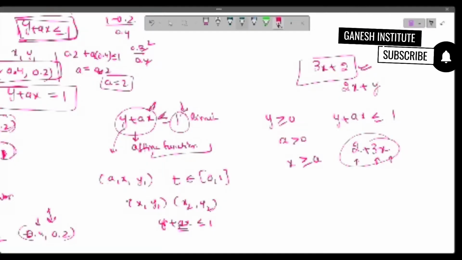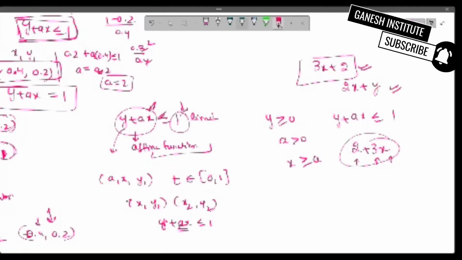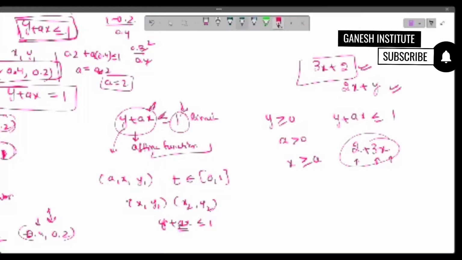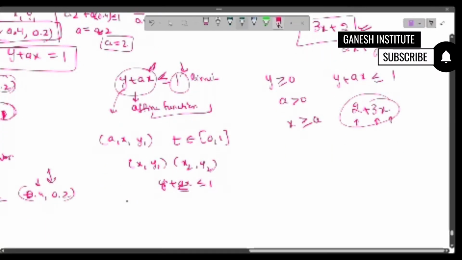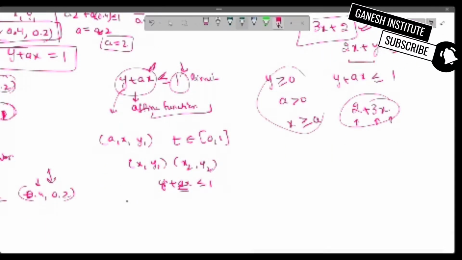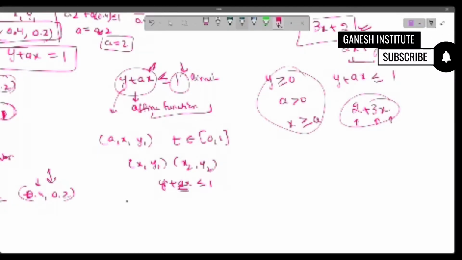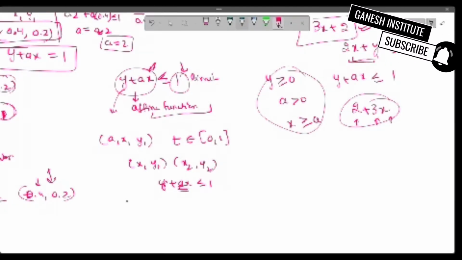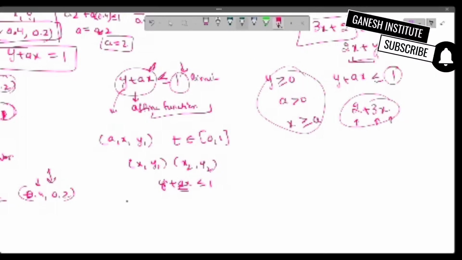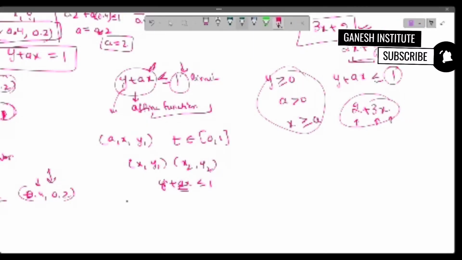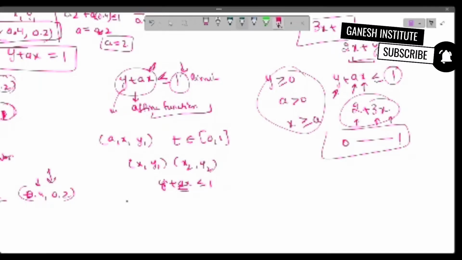2x plus y. Now, I think this is a fine function and we are adding, and we have already taken all the positive values only, so it is going to give me convex, right? Now, even if they are saying less than or equal to 1, that doesn't mean that it will give me negative values. If I am choosing all of them positive, that means it is going to lie between 0 and 1.